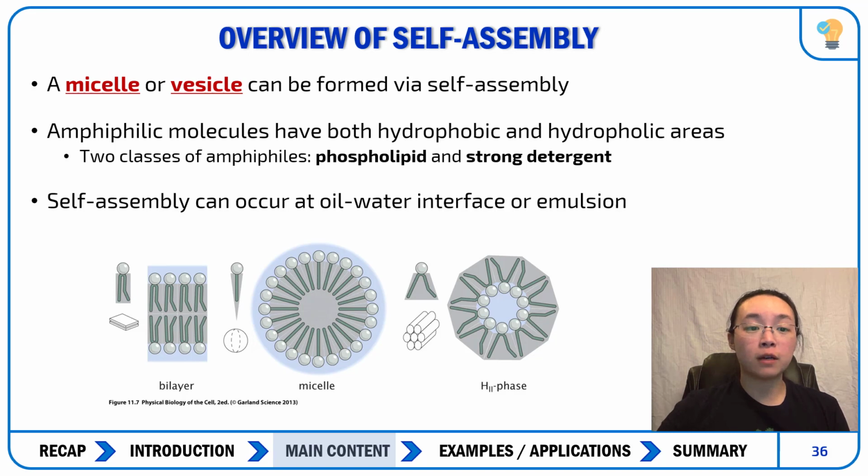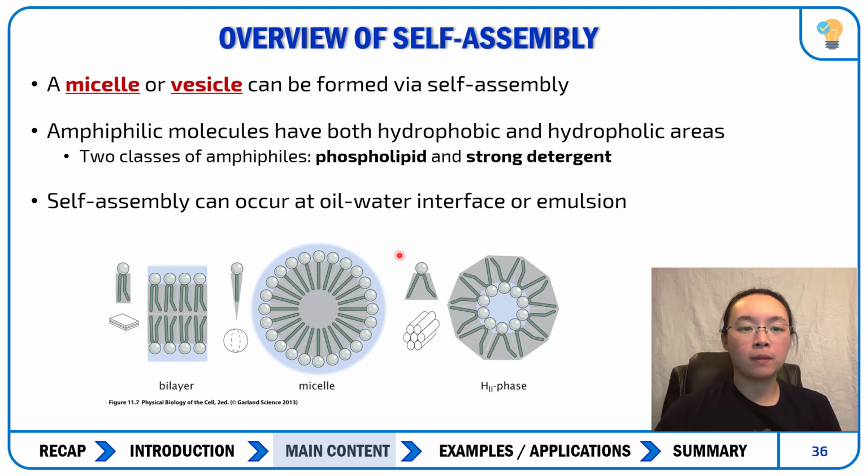This image here actually shows the three main geometrical shapes of lipid structures. First, you have the bilayer, which we talked so much about in the previous section. Then if you don't have a bilayer and you simply have just one amphiphile, you end up with a micelle.